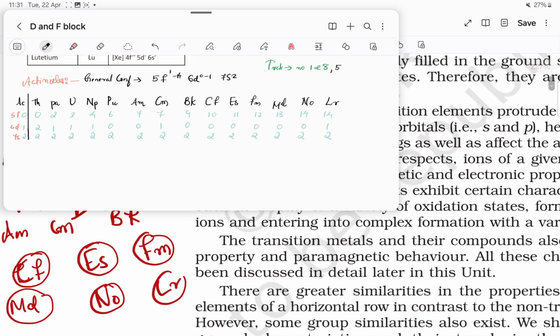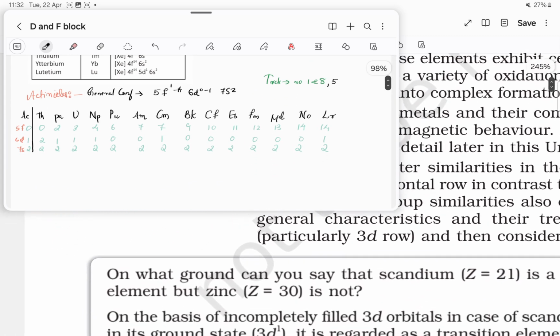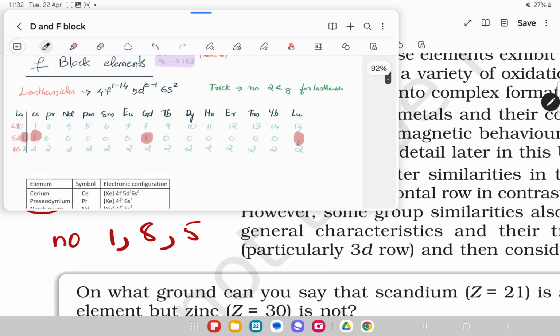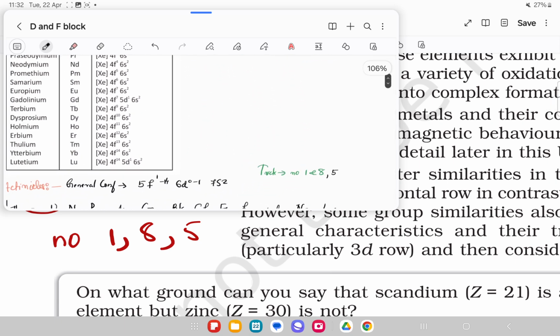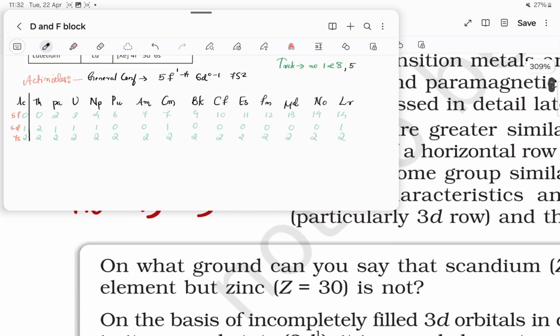Now the trick you can see here to study its electronic configuration. There it was no 1, 8, 5. There it was no 2 and 8, right? Here you can see there is no 2 and 8. Here there is no 1, 8 and 5. There it was starting with 0, 1.